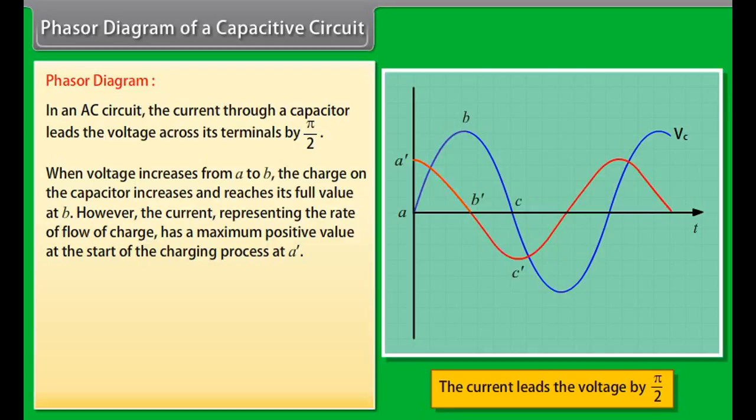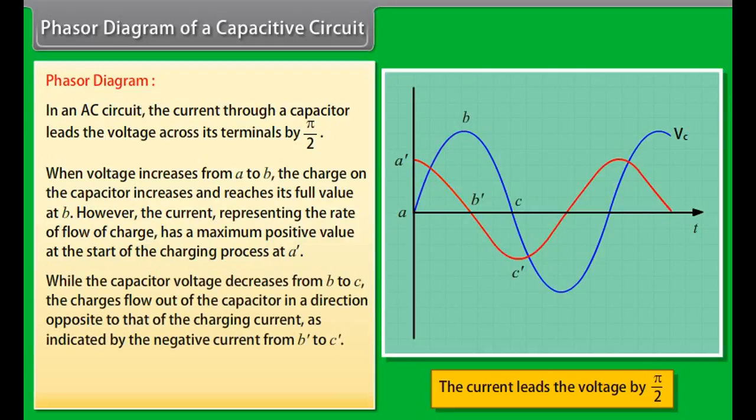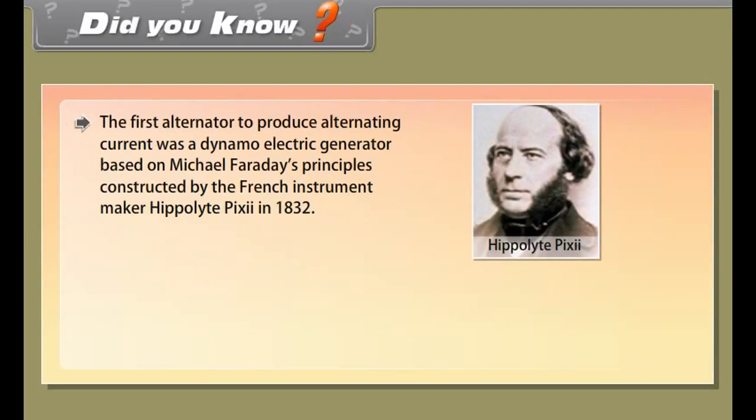Capacitive reactance. The above expression Im = ωC Vm can also be written as Im = Vm/(1/ωC). The capacitive reactance Xc of the capacitor is given by 1/ωC.